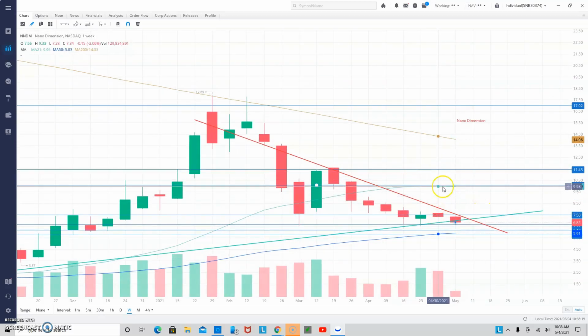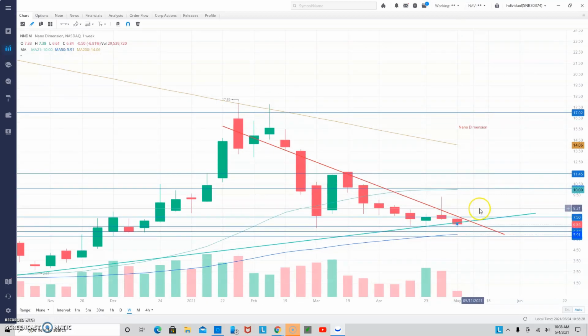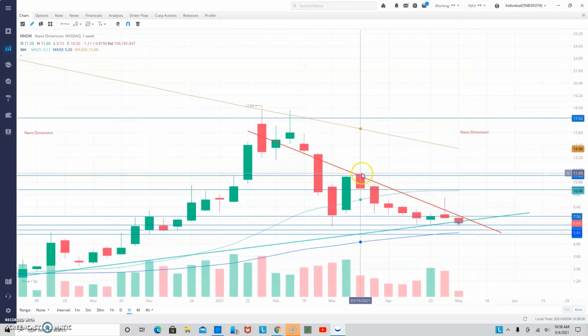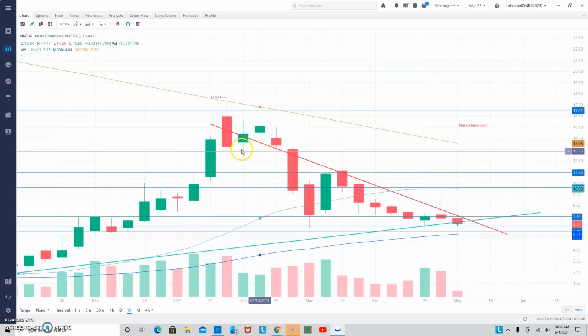So that would be something to look at also, is the 21-day moving average on the weekly chart as resistance moving forward. So you could see on this weekly chart, that's another good tool to look at for your trend lines, is to make sure that the weekly chart closes above the trend line to confirm that it is out of the trend line.